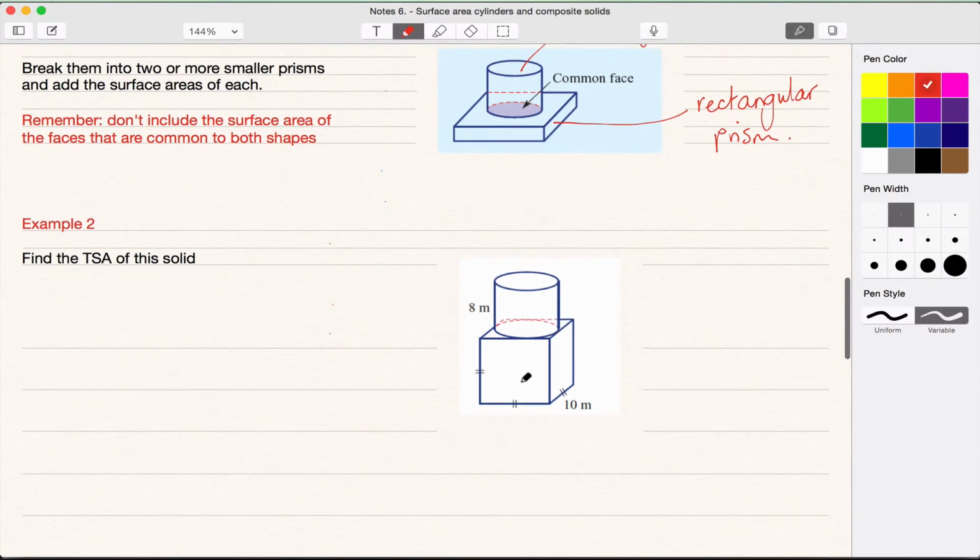Okay, second example, find the total surface area of this composite solid. I'm going to label my 2 solids.